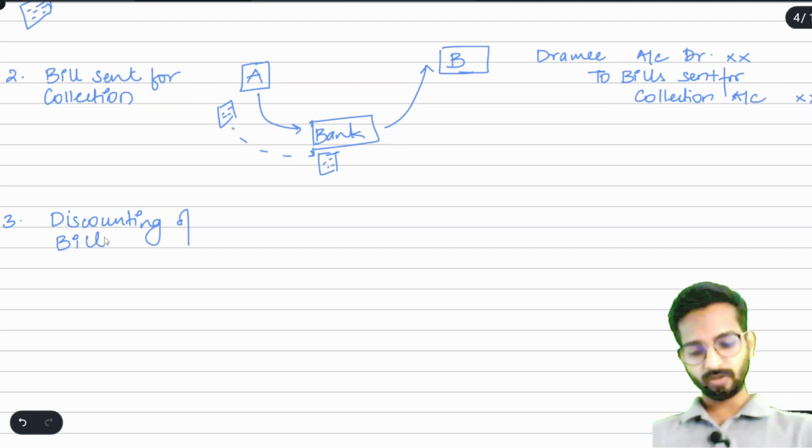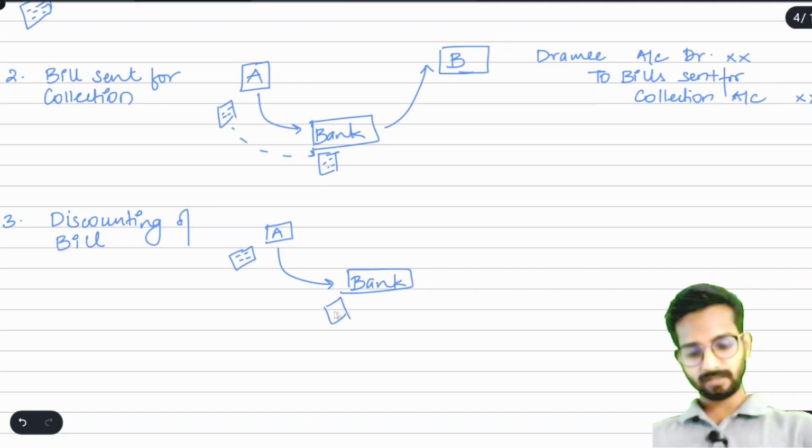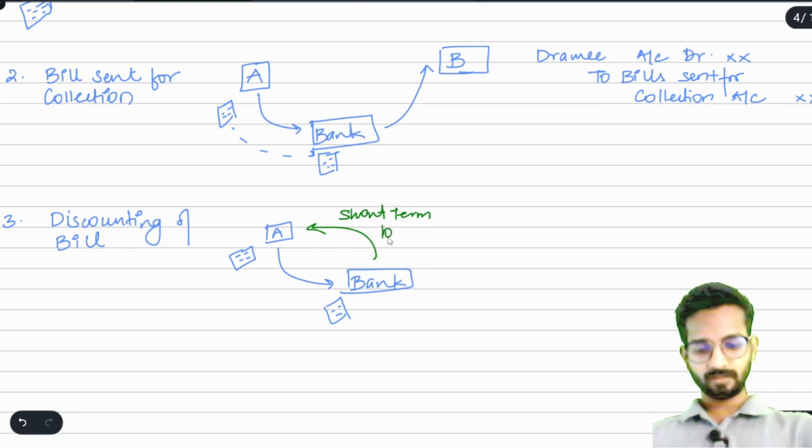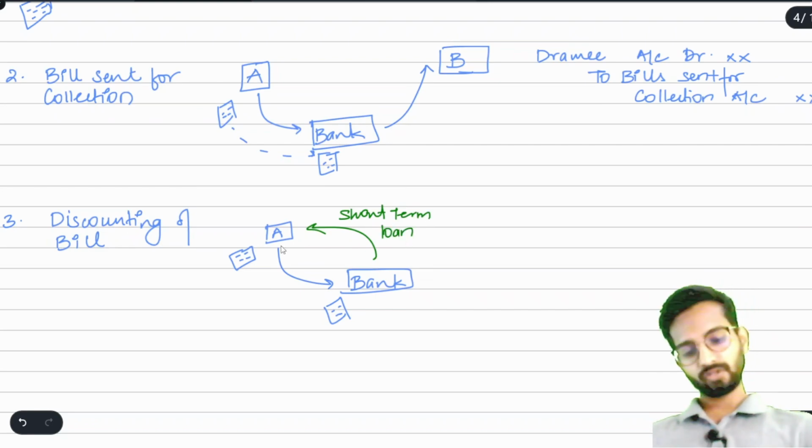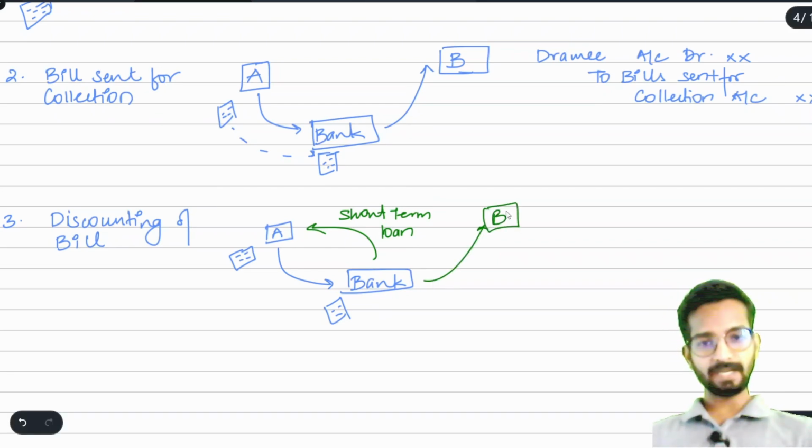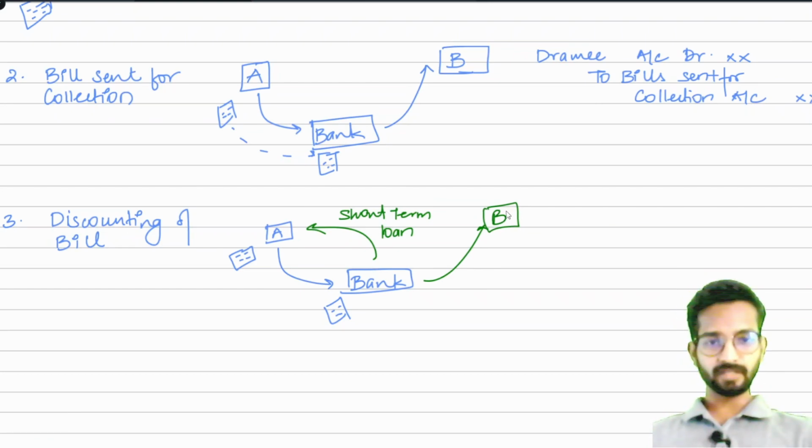In discounting of bill, what had happened? A has the bill. A goes to the bank and provides the bank that bill, and then the bank provides a short-term loan. We have already known this story from the previous video. Now on the due date, the bank goes to B and tells B to pay the money.